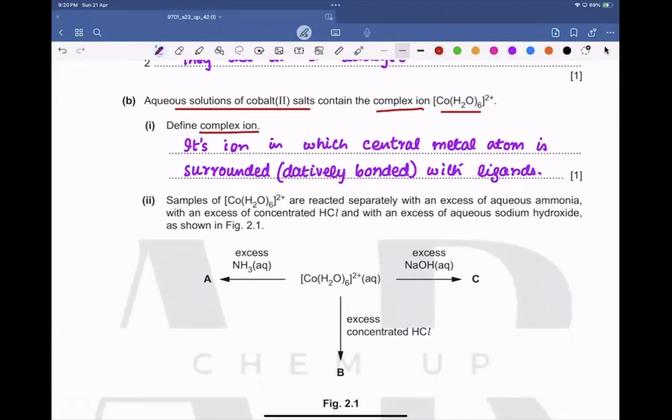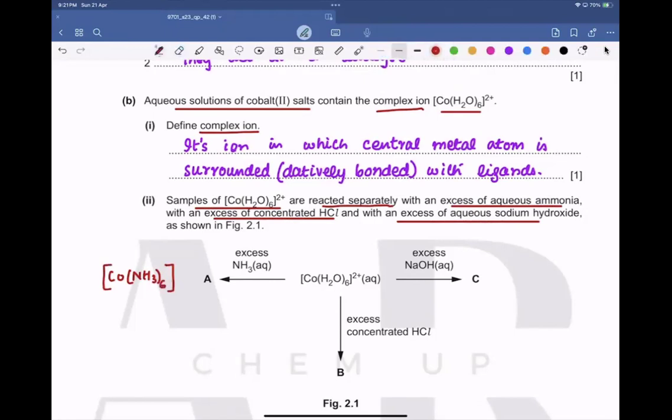Now, 2B2, the sample of hexaaqua cobalt 2 ion are reacted separately with an excess of aqueous ammonia, with an excess of concentrated hydrochloric acid, and with an excess of sodium hydroxide as shown in the figure. So if you recall, when it is reacted with excess of aqueous ammonia, all of the water are displaced by the ammonia ligand, forming the hexaammine cobalt 2 ion.